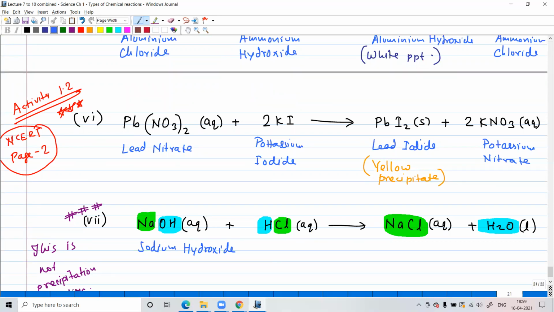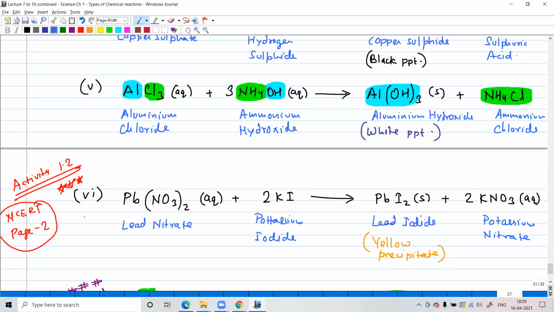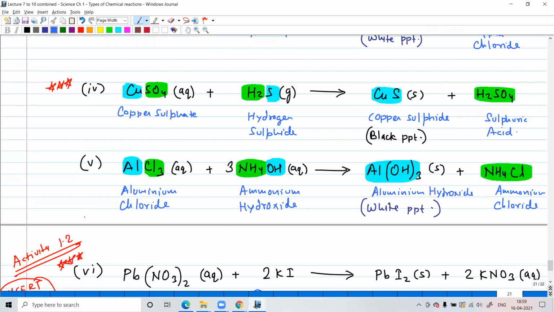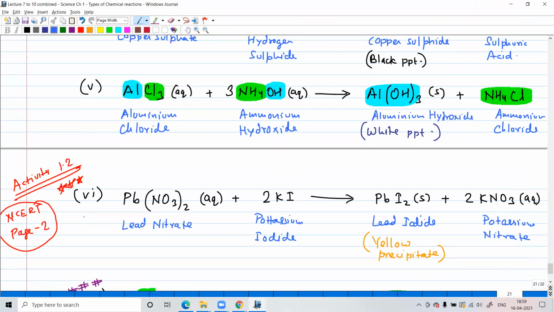Yes, sir. That's why it's a precipitate. Precipitate means it will be solid, just like the previous examples. All the precipitates are in solid state. No, sir, the potassium iodide before the reaction. Oh, okay. Potassium iodide, not the lead iodide. That is aqueous. Okay, I missed that. It's aqueous. Is that what you were asking? Yes, sir.